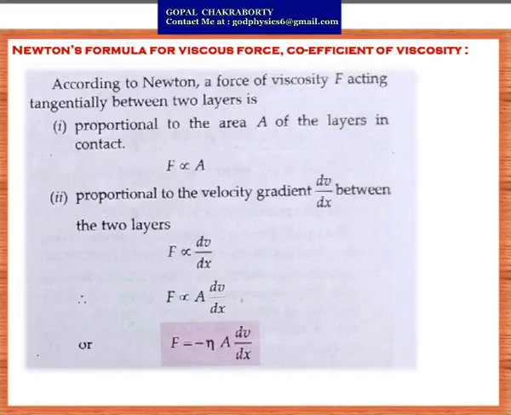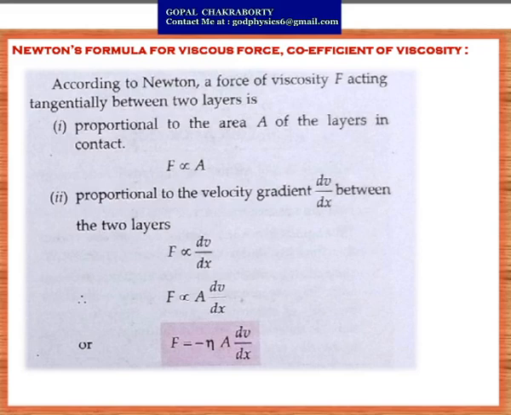Now according to Newton, a force of viscosity F acts tangentially between these two layers. This force is proportional to the area of the layer in contact and proportional to the velocity gradient dv/dx between the two layers. As you know, the more the contact area, the more the frictional force, so it is directly proportional.